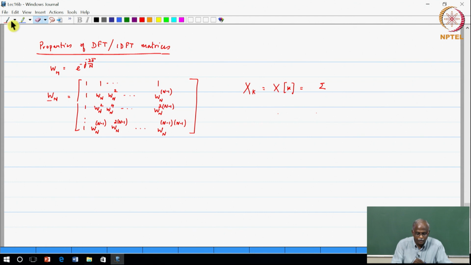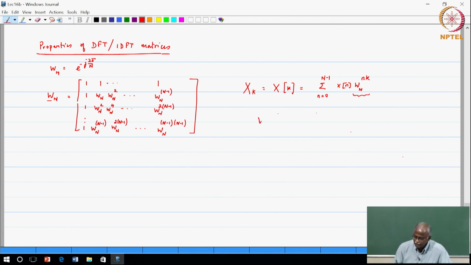It is the summation n equal to 0 to n minus 1, for an n point DFT, of x of n times Wn raised to nk, or kn. Now, if you remember, this was what we observed to say that the filter bank actually comes from a DFT matrix, because this is how you compute the DFT coefficient. You take the inputs and multiply them by these phase terms, and then you sum them up to get the expressions that we are interested in.